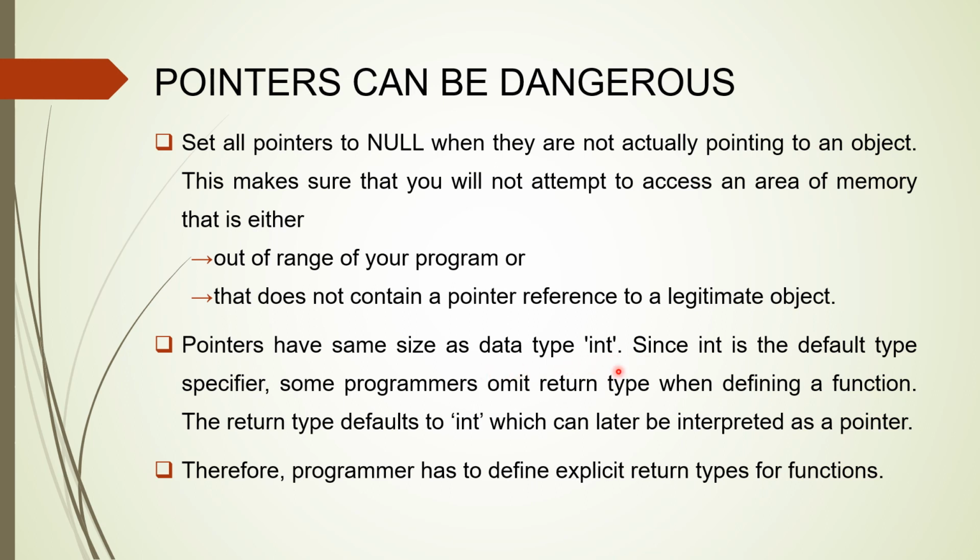So it is better to have a return type for all the functions you are using in your program. Suppose you miss the return type of a function in your program; by default the compiler assumes that the return type of that particular function is integer. Since the size of the pointer is also integer and the default return type of the function is also integer, sometimes your function may return a pointer type.